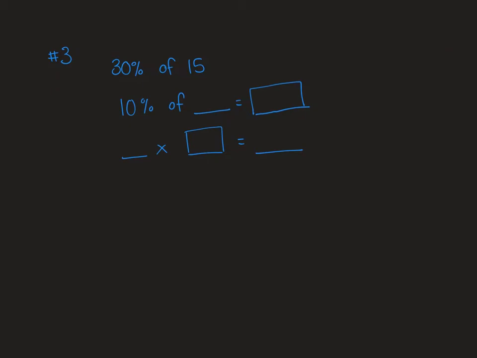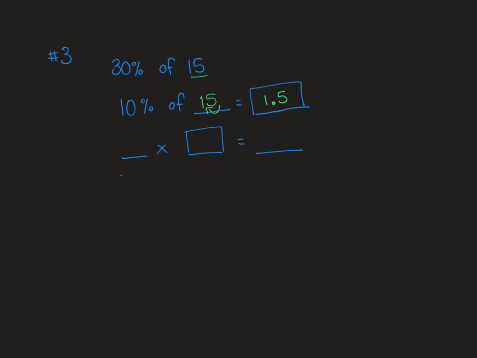Question number 3 is asking you to find the percent by breaking it into a couple of steps. So 30% of 15, first we're going to start by finding 10%. So 10% of, and I'm going to put in the same number I had above, 10% of 15 is, and I'm going to move my decimal one place back, 1.5.